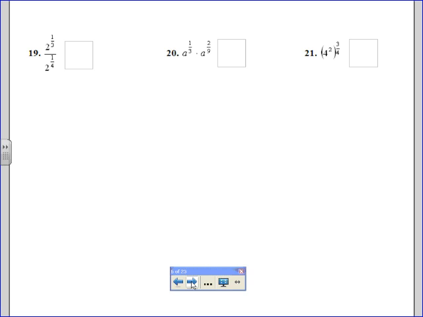Let's see. For these kinds of problems, what you want to do is add the powers. And the rule for this is explained in your unit on page 62. So if you go back 2 or 3 pages, you will see the rules at the top of page 62. In the box, there are 3 rules. One of these rules is this, where you're going to add these exponents. Before you can add 1/3 plus 2/9, you need a common denominator.